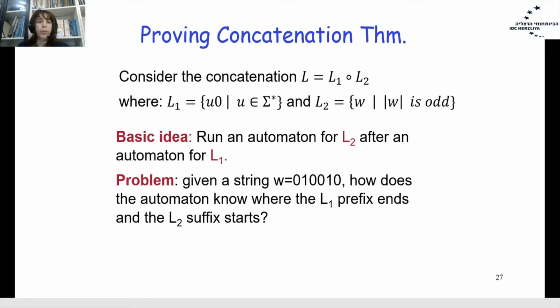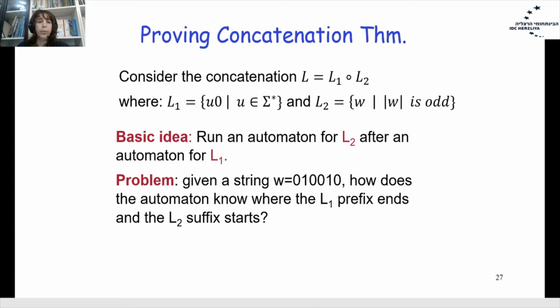Okay, let's think about how we build an automaton for the concatenation operation. If we take once again L1, the language that accepts all words ending with 0, and L2, the language of all words having odd lengths, then basically we will start running a new automaton on language L1.